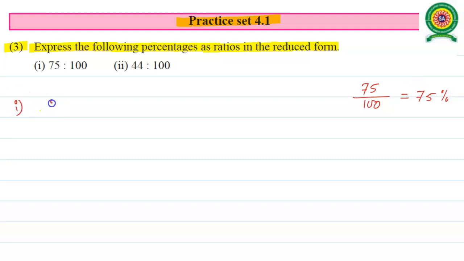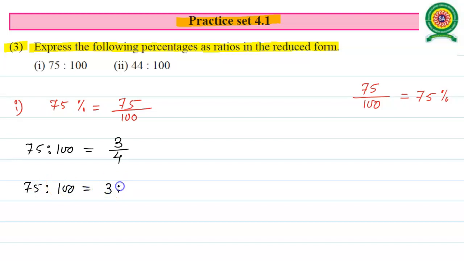Now we have to convert the given percentage, 75 divided by 100, into the reduced form. Both numerator and denominator are divisible by 25. 25 threes are 75 and 25 fours are 100, so the reduced form of the given ratio 75:100 is 3:4.